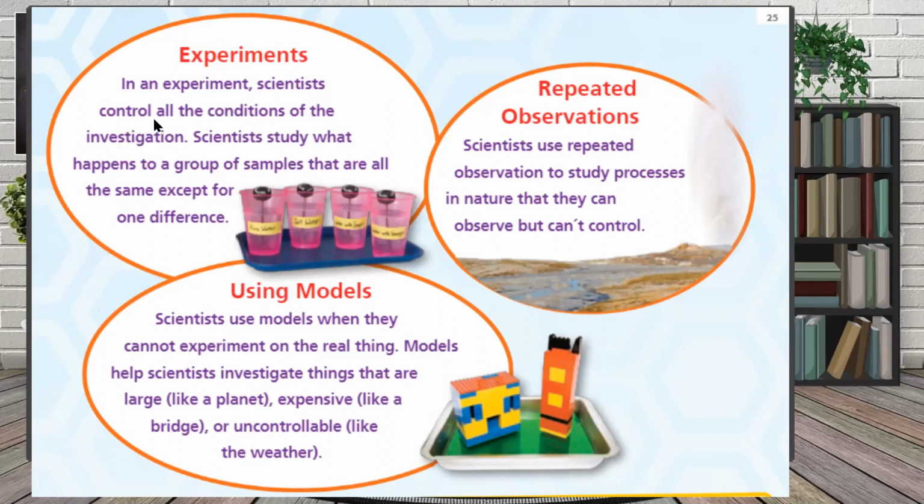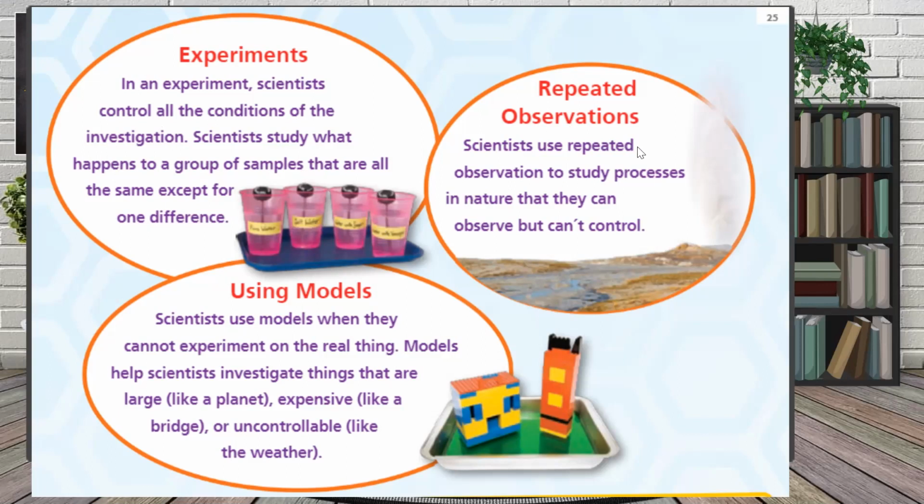Why can they control all the conditions? Yes, Tala. For safety and also to get the right result. Excellent. Good job, Tala. And scientists study what happens to a group of samples that are all the same except for one difference. They have to make them all the same, only one is different, to know how this happens.